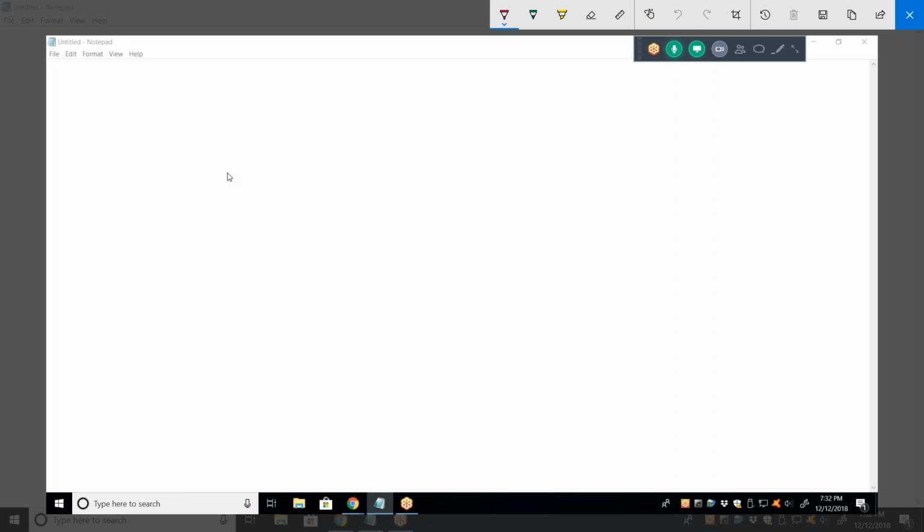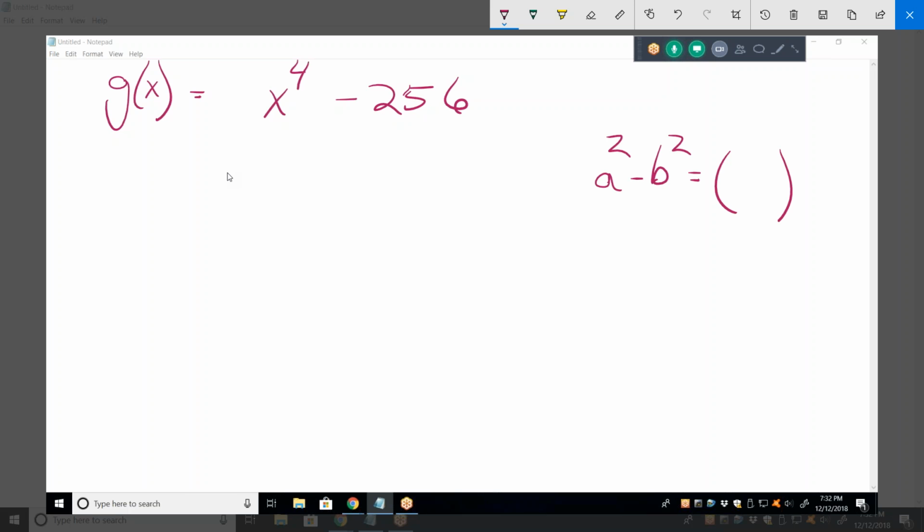Okay, so the first problem wants to have the polynomial factored completely. It's g of x is equal to x to the fourth minus 256. If I said to you, what is this? How does that factor?